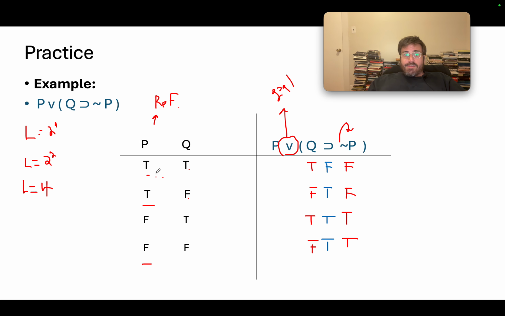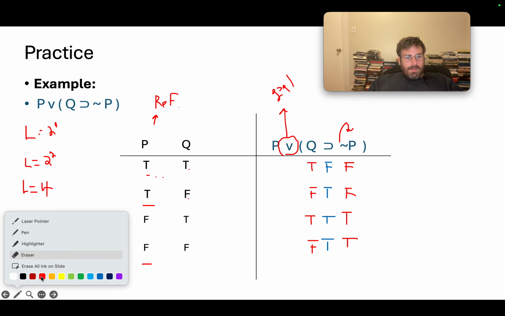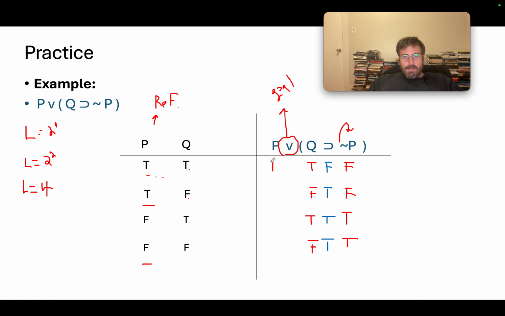So let's plug in the values of P, even though we can eyeball them pretty easily. Let's just carry them over from our reference table so that we avoid any easy mistakes. So I see on the first row, the value for P is true. Let me put this in red. The value for P on the first row is true. Then I look over to the reference table again, and the value for P is true. And then I check on the reference table, and the third row suggests that P is false.